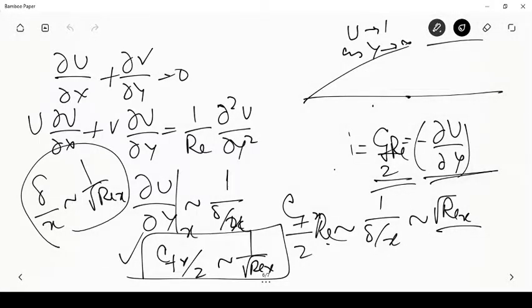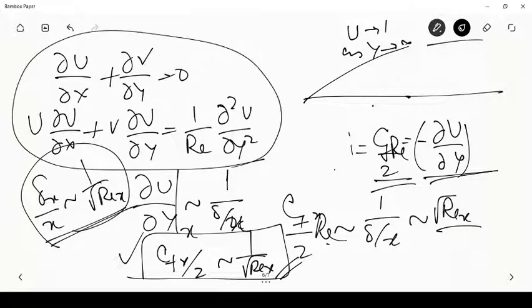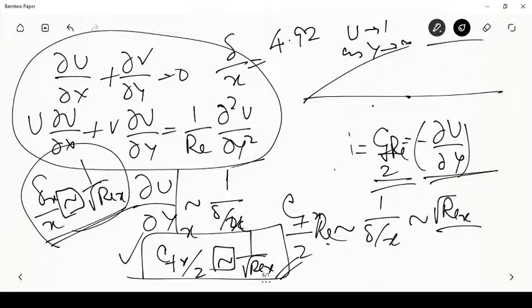Okay, so Cfx is going to be proportional to, or of the order of, 1 over square root of Rex. It will be some constant times that, and delta by x, that is the boundary layer thickness at any x divided by x, will be 1 over square root of Rex. So these are the two non-dimensional results that we have. If I solve these equations completely analytically, then I will be able to write what this is equal to. Okay, so if I solve these equations, then I get delta by x equal to 4.92 divided by square root of Rex.